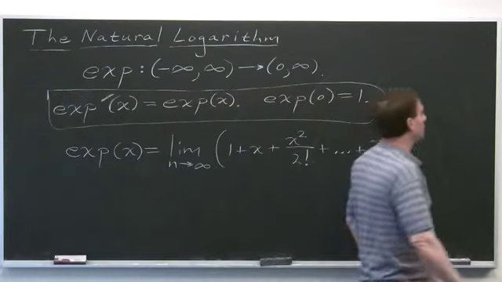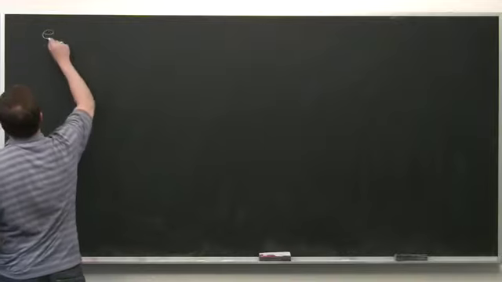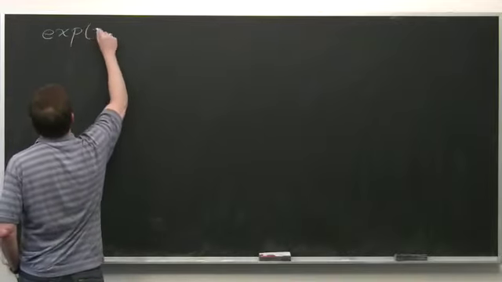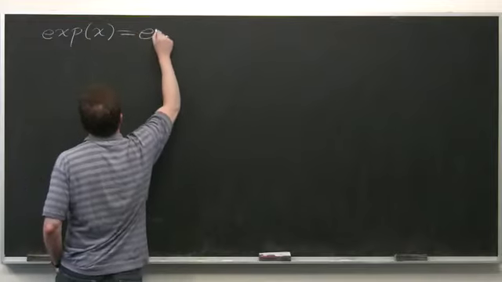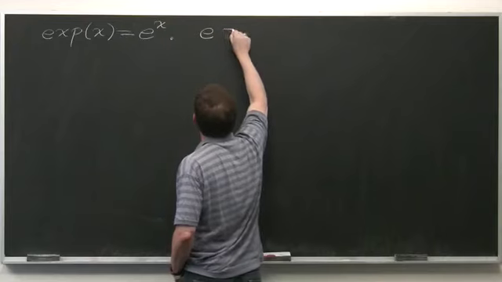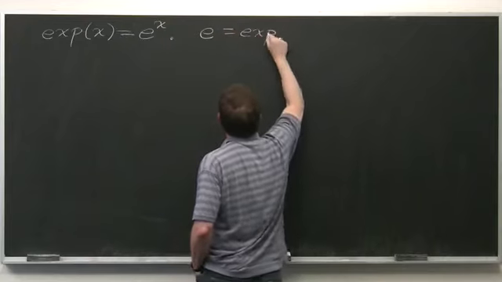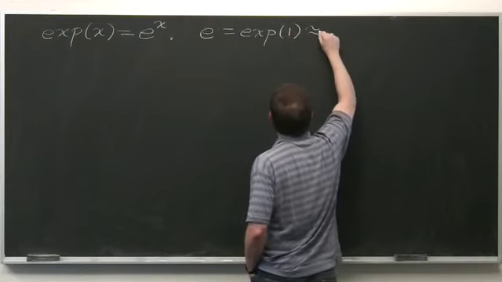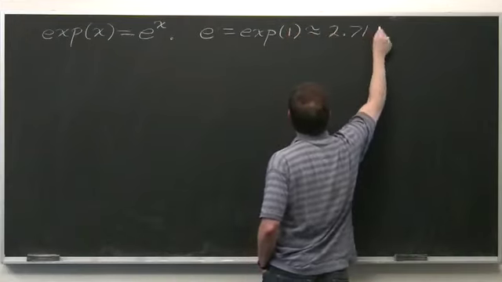We saw that, in fact, exp of x is e to the x, where e is exp of 1, which is approximately 2.718.